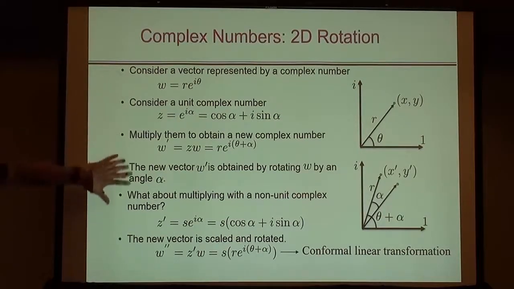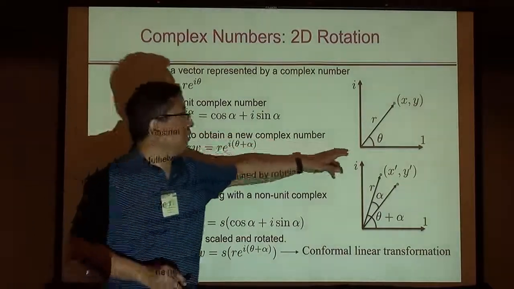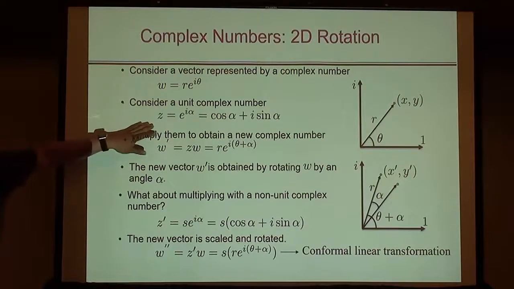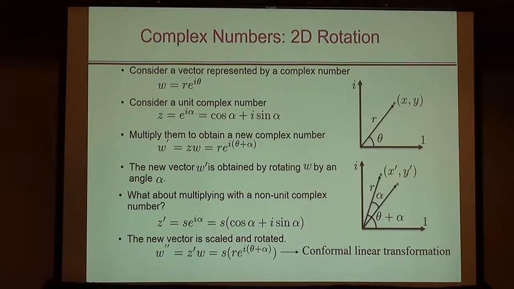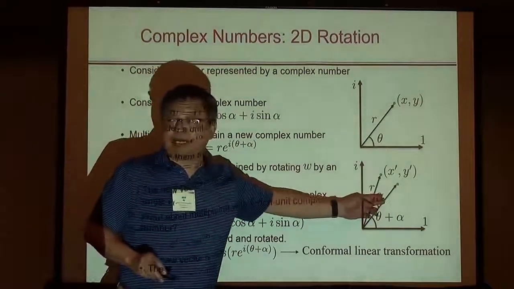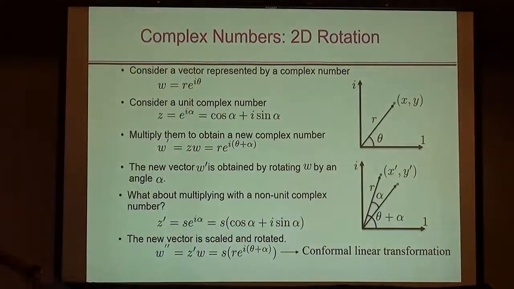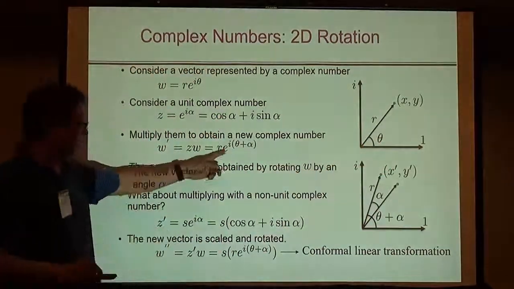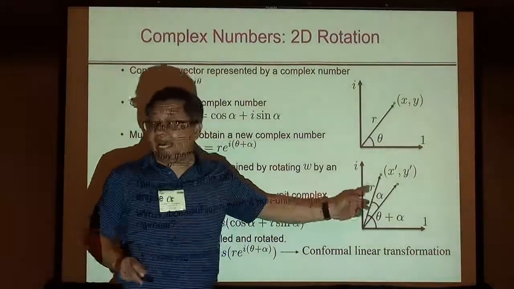Now, all this is basically from a textbook. So you have a vector, and we can represent the vector in complex number form, and this is the equality that we mentioned before. Now, if you multiply two complex numbers, the end result is that their lengths get multiplied and their angles get added together.